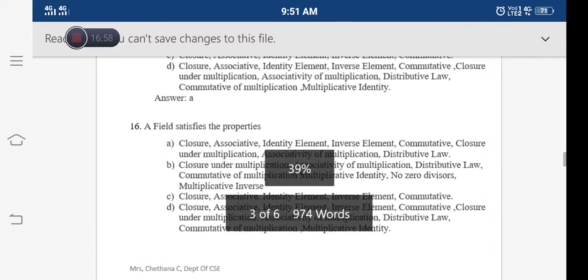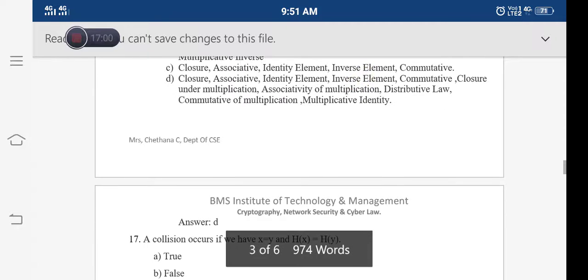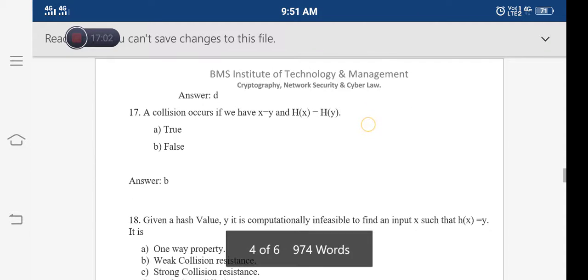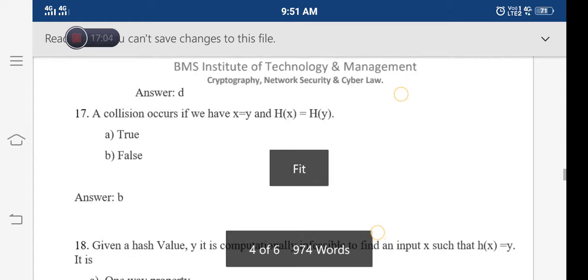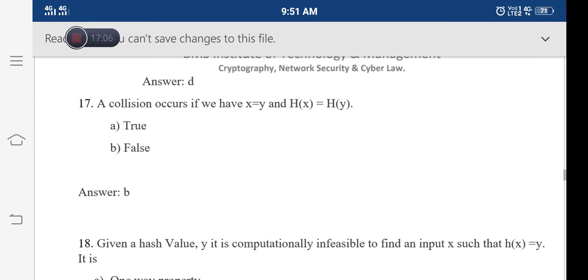So next, question 17. A collision occurs if we have x not equal to y and h of x equals h of y. Here we know the various hashing properties.